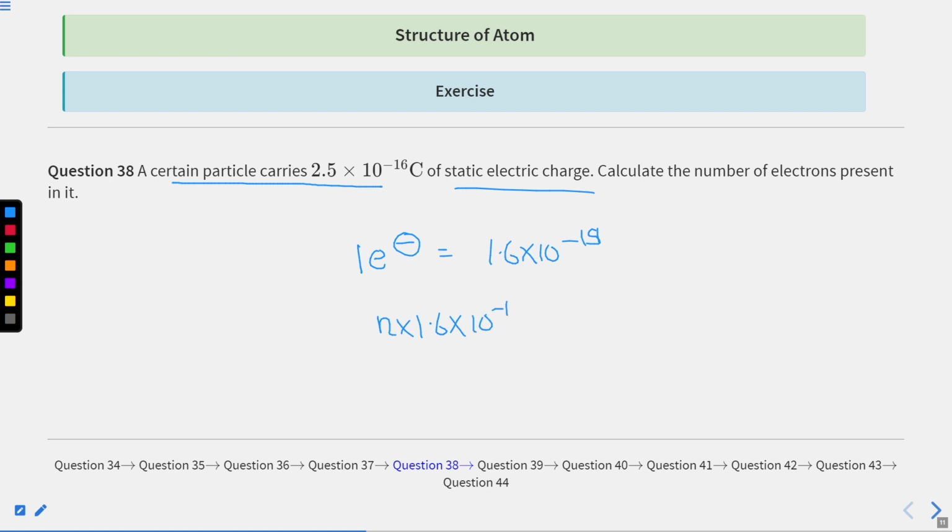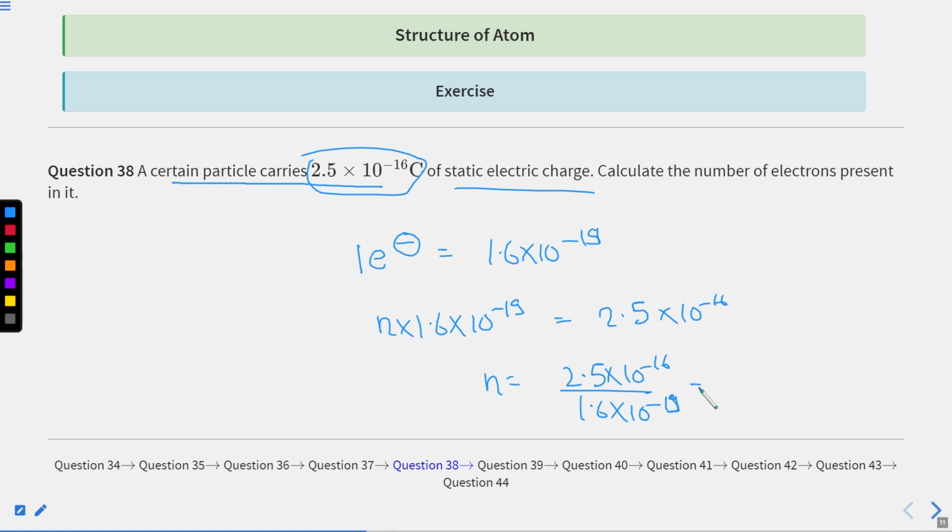Therefore, charge on n electrons will be n into 1.6 into 10 to the power minus 19. And what is the total charge? That is 2.5 into 10 to the power minus 16. The number of electrons will be 2.5 into 10 to the power minus 16 by 1.6 into 10 to the power minus 19.